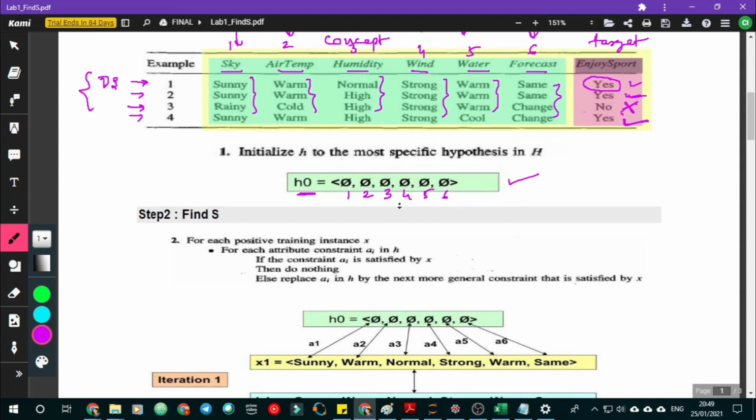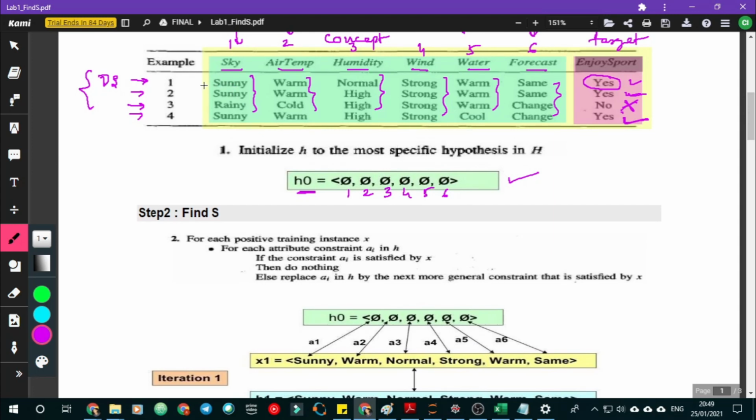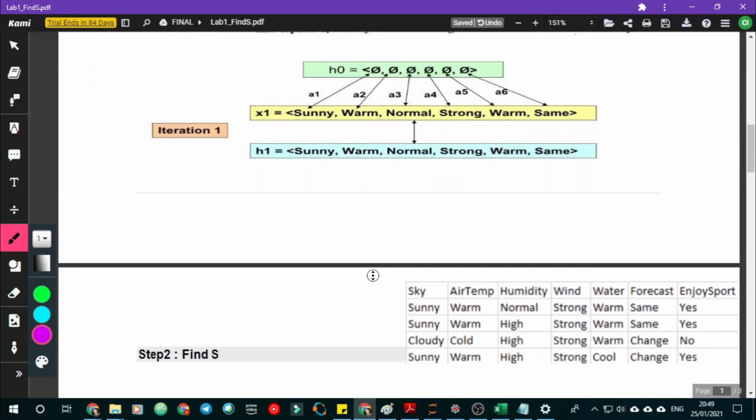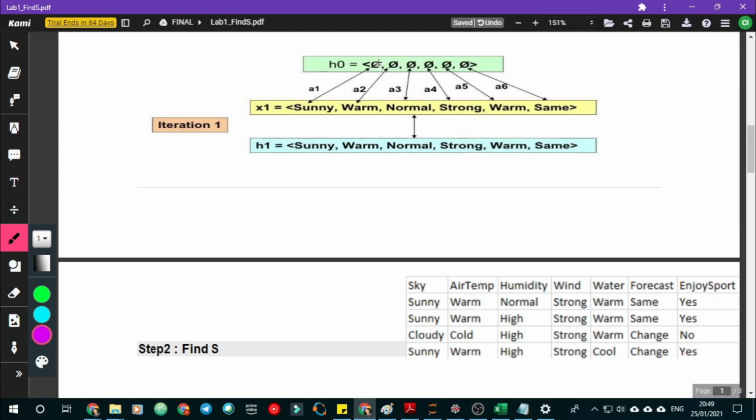Then we need to read the first data sample. This is the first data sample, and I need to read it. When I read the first data sample, according to the algorithm, this is my data sample, and this is my previous hypothesis, the initial hypothesis.